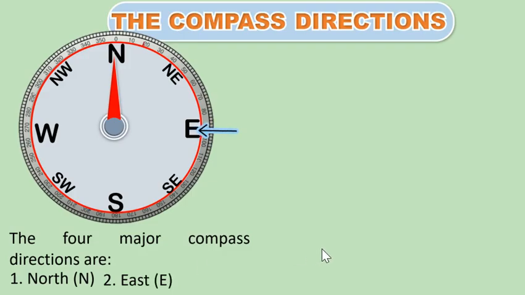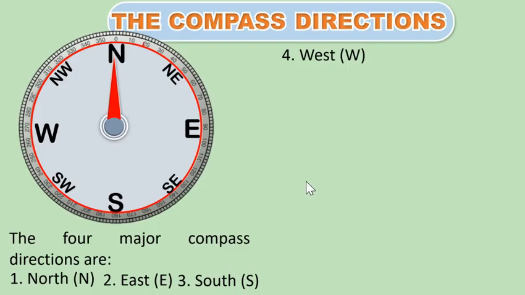Then, number 3, you have south. The arrow is pointing, that's south. Number 4, then you have west. See the arrow pointing in that direction, west. So these are the 4 major compass directions.